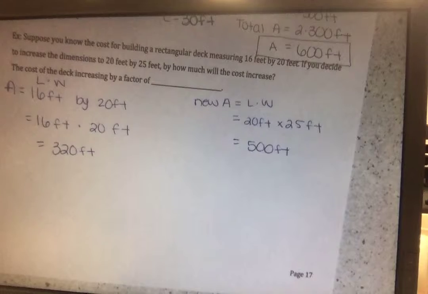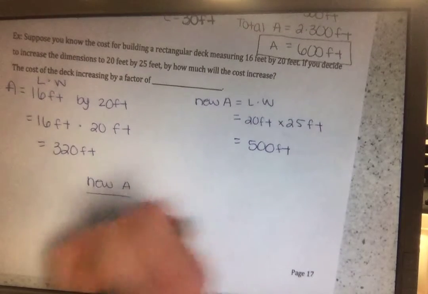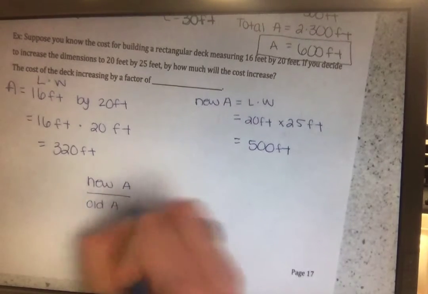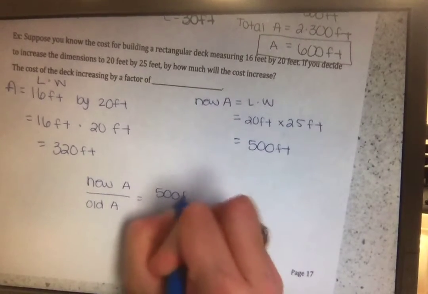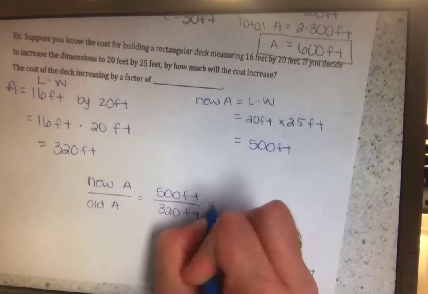So I need to see how much is it increasing, by what factor. So if we have our new area divided by our old area. So 500 feet divided by 320 feet.